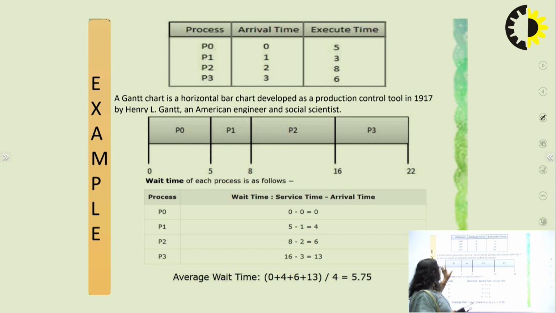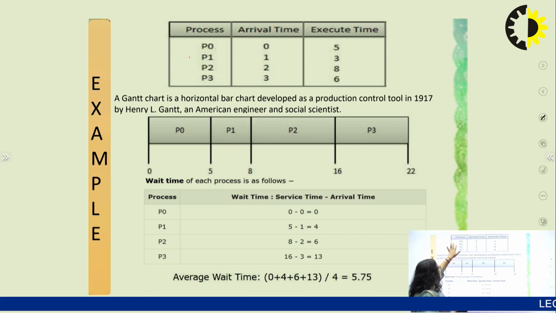This is the complete process for P0. Now at time 5, all the other processes are in the ready state, because P1 arrived at time 1, P2 at 2, and P3 at 3. During the execution of P0 all these processes come into the ready state, but we have to allocate them one by one. Because of FCFS, P1 comes first, ahead of P2 and P3.